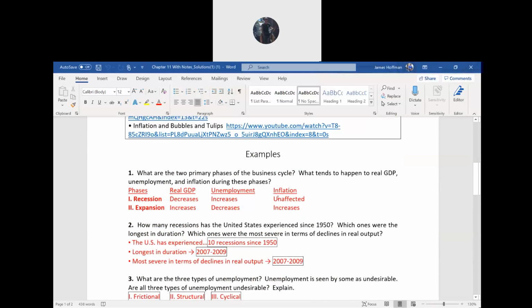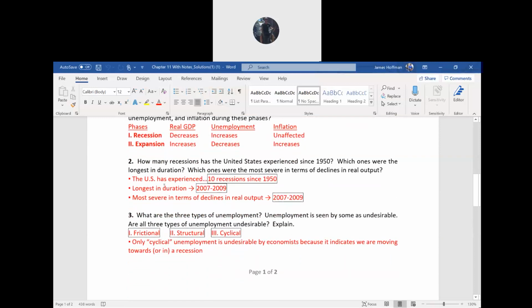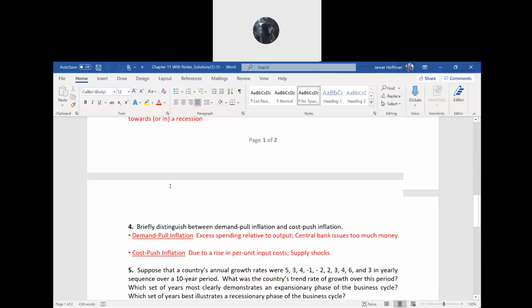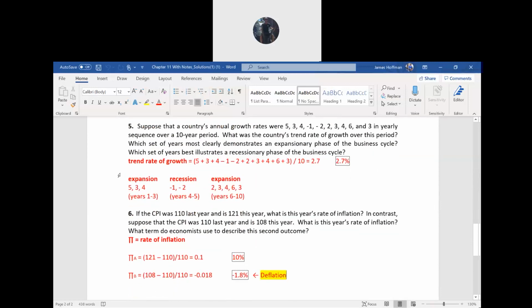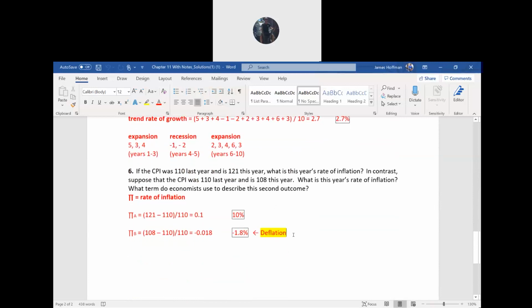Business cycles, recessions, types of unemployment, types of inflation, trend rates versus expansions and recessions, and then make sure you know how to calculate the rate of inflation based on the change in the CPI, and also know that if the price goes down, that's a decrease in the inflation rate, and that's deflation.